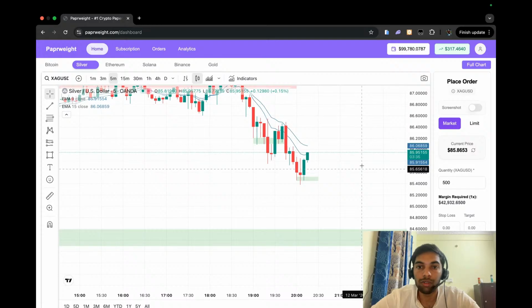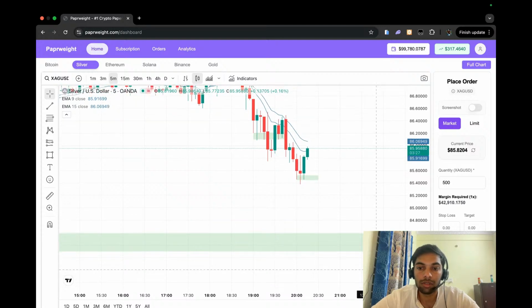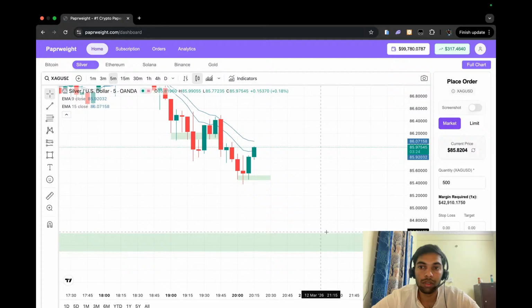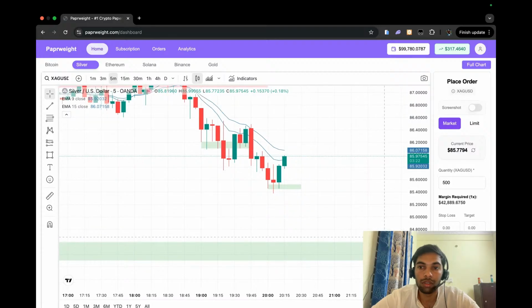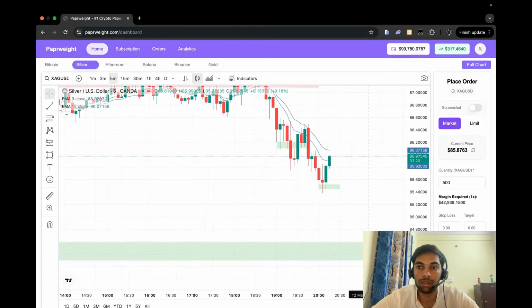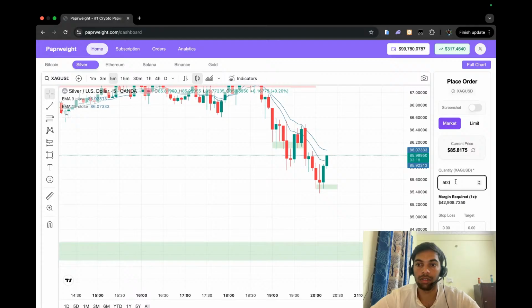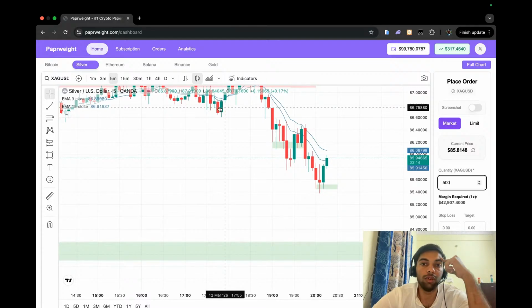Okay, market is going in the up direction. Let's wait for this candle to close.